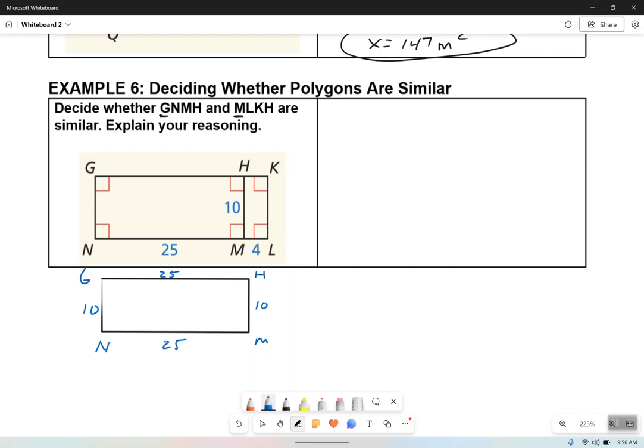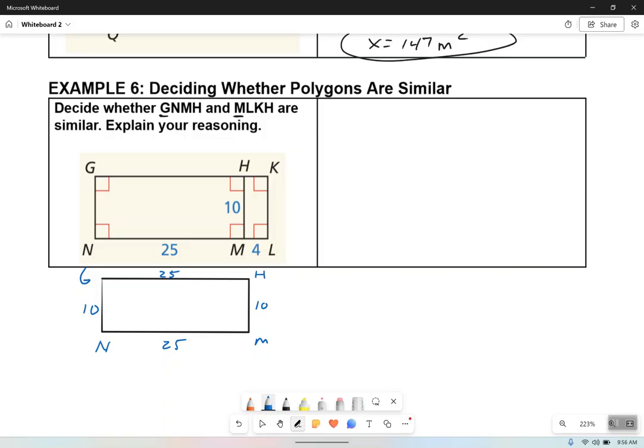Now, to make these rectangles match by order, they want the M to match G, and the L to match N. So this L right here is like this N down here. What am I going to have to do with this small rectangle on the right to get it to match the order? I have to pull it off from here and then lay it down, right?